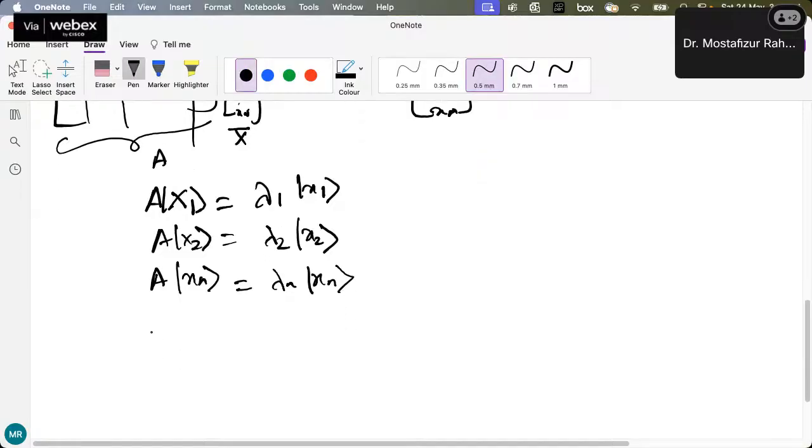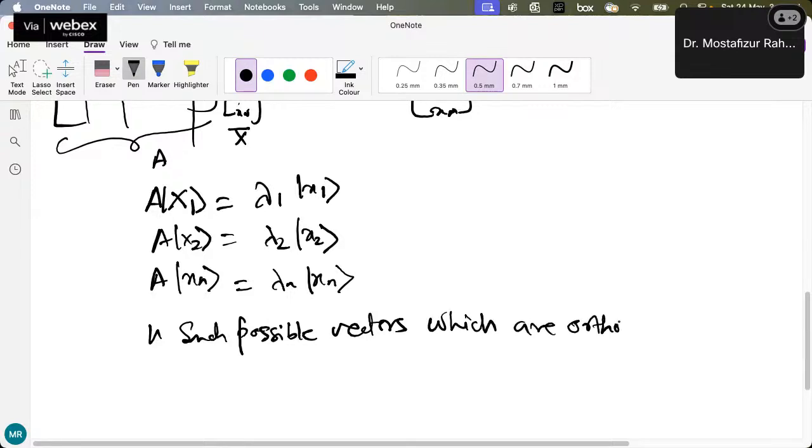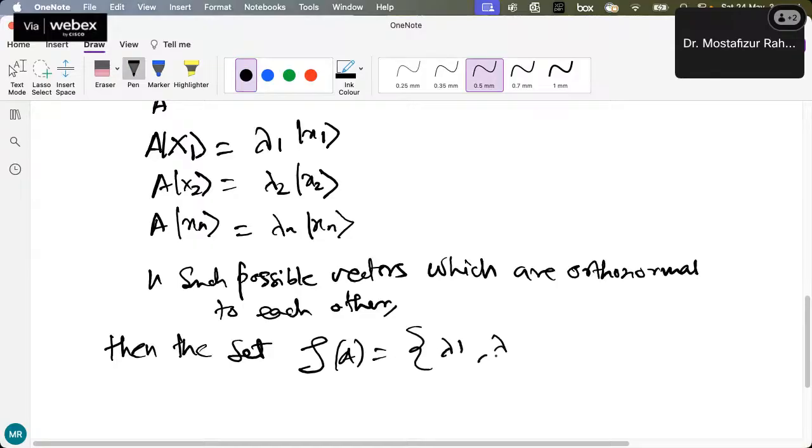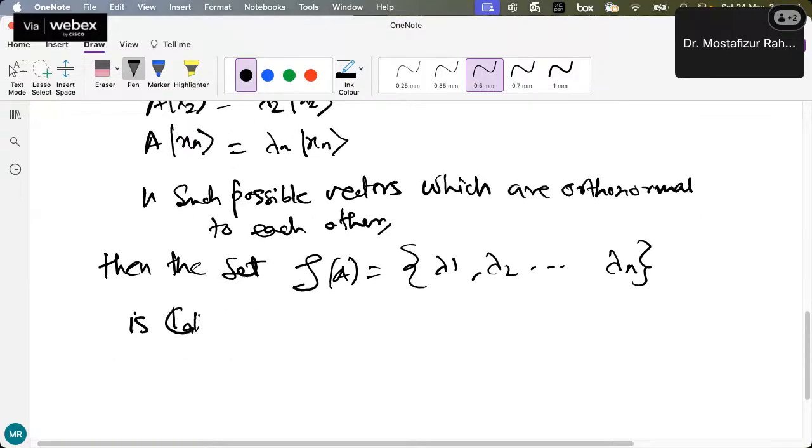If I can find n such possible vectors which are orthonormal to each other, then the set rho of A equals lambda 1, lambda 2, up to lambda n is called the spectrum of the matrix.